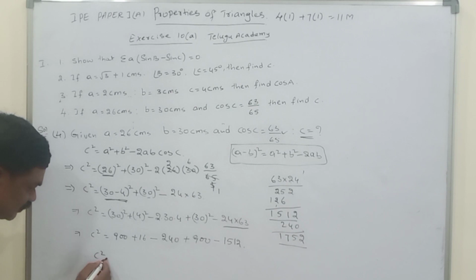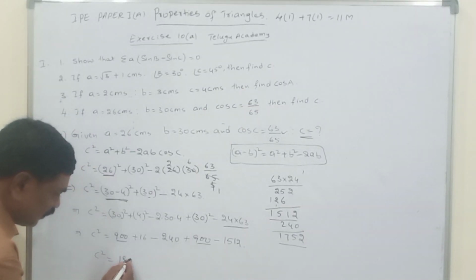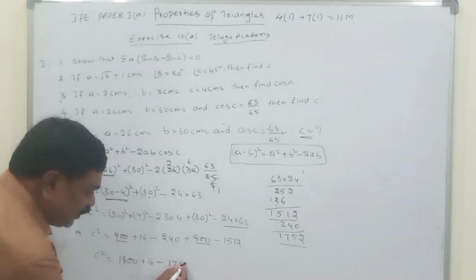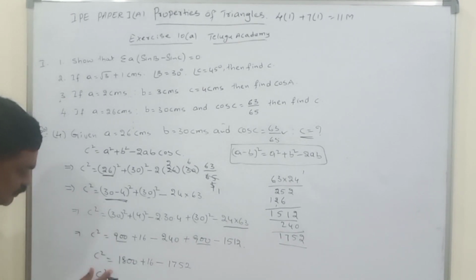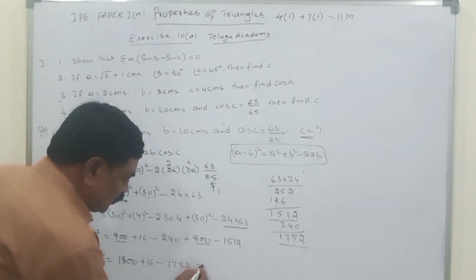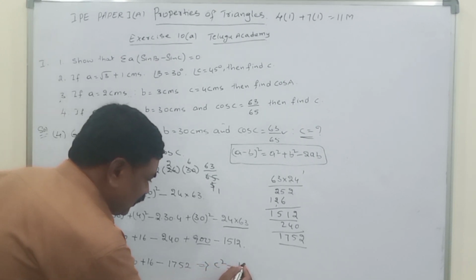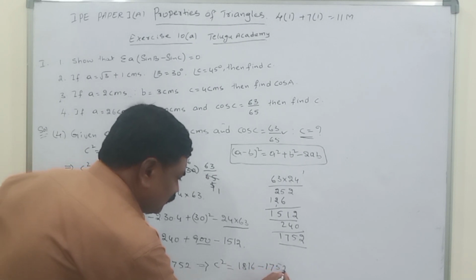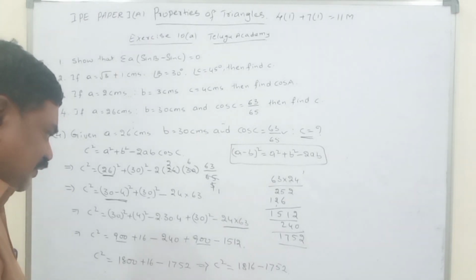c square is equal to 900 plus 900, 1800, plus 16, minus 1752. This implies c square is equal to 1816 minus 1752. What do we get here?